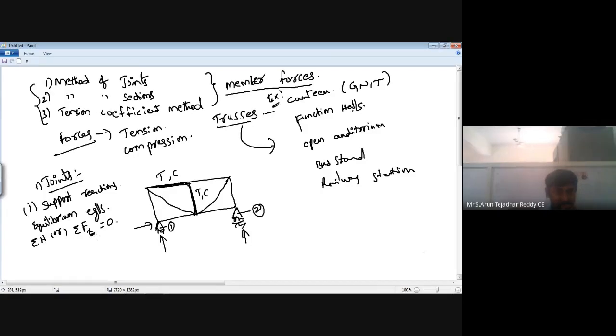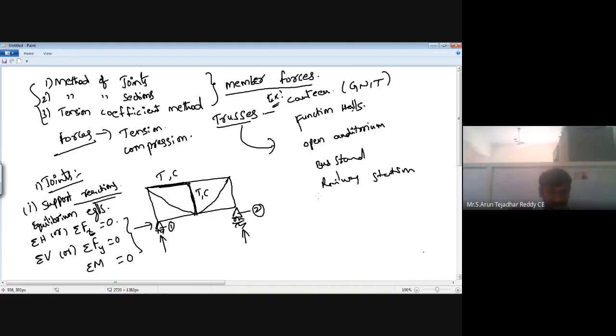X direction means it's horizontal only. Next, vertical, sigma Fy equal to 0. Y means it's a vertical force. And finally, take moment equal to 0. So these are the equilibrium equations. By using these three equilibrium equations, we can find the support reactions.